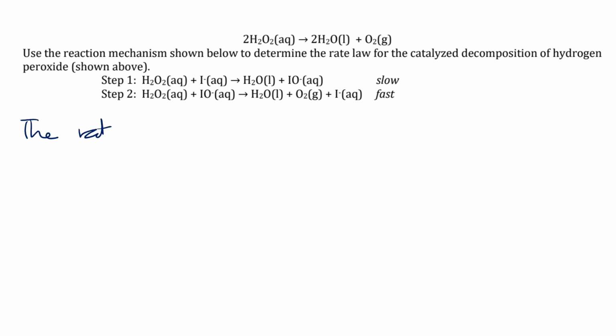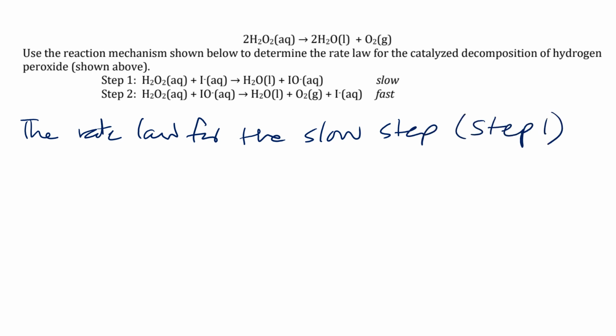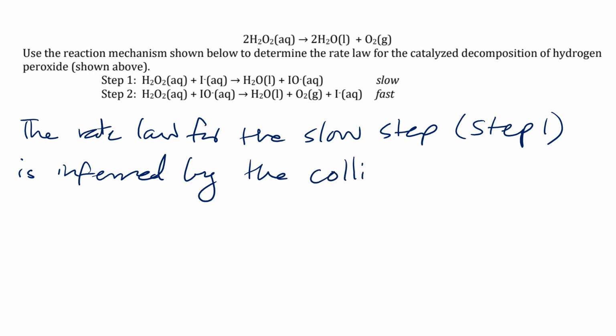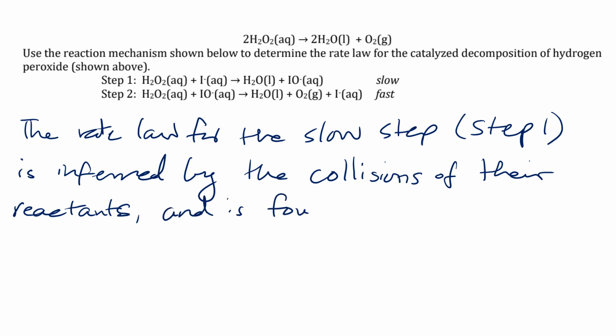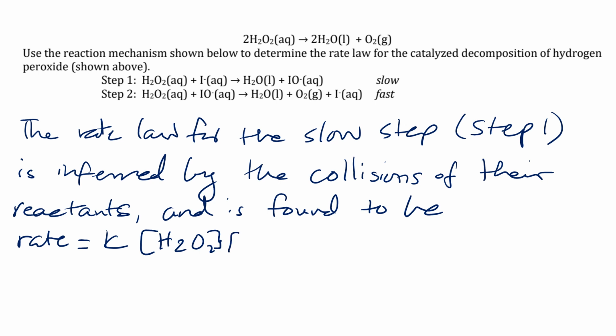The rate law for the slow step, or step 1, is inferred by the collisions of their reactants and is found to be rate equals K times H2O2 times iodide ion.